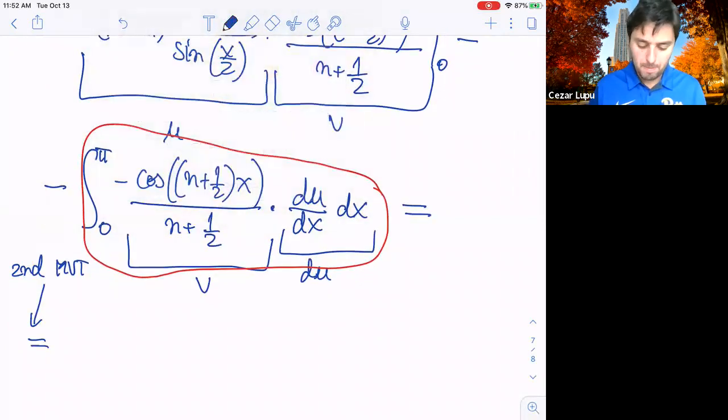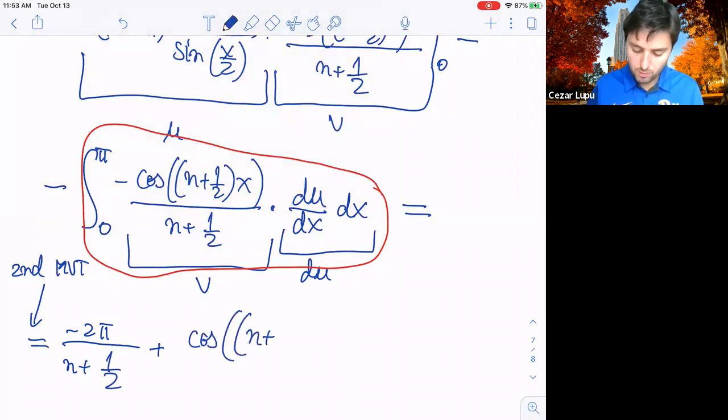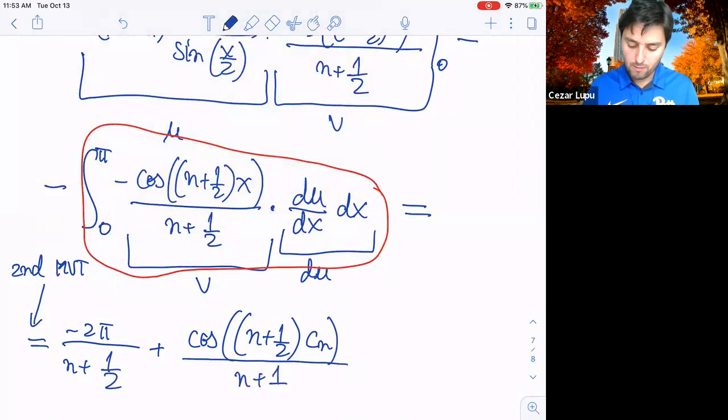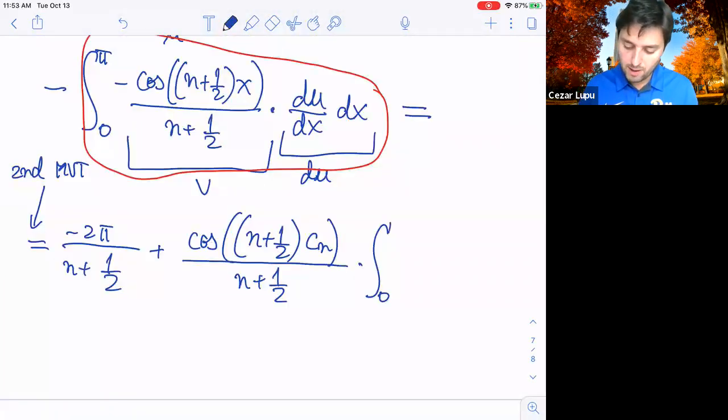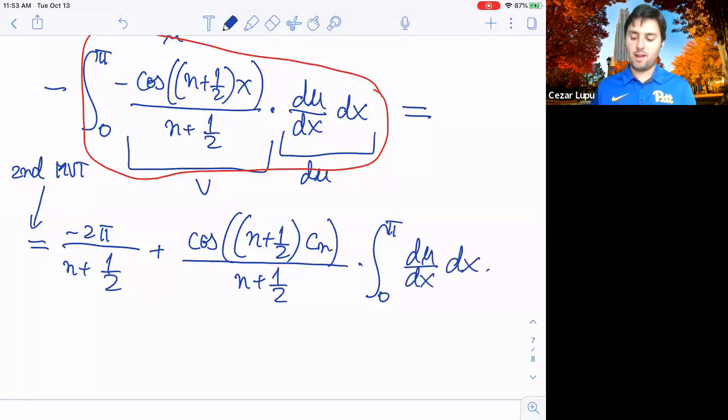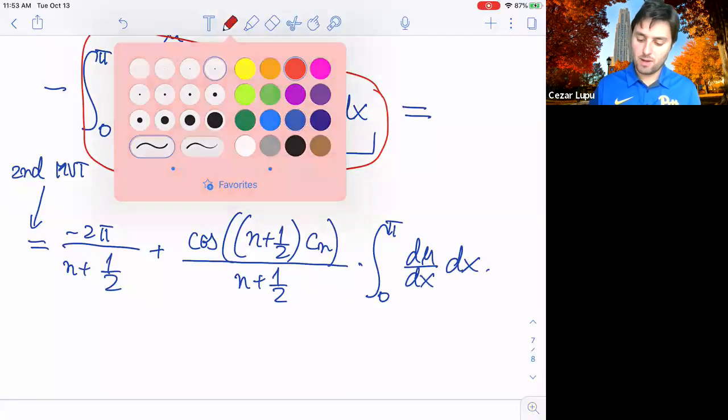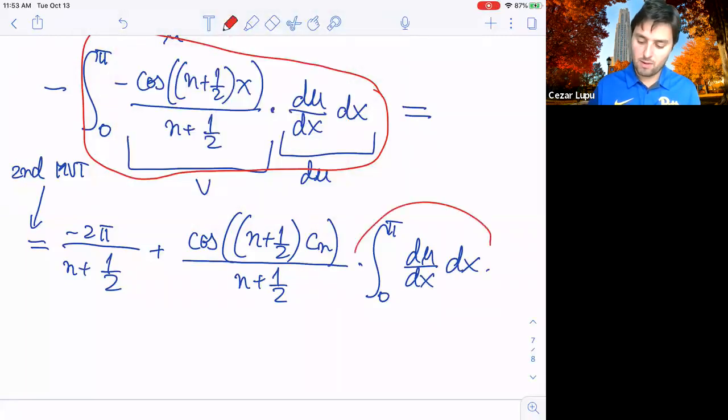So this will be negative 2 pi over (n plus 1/2) plus cosine of (n plus 1/2) times a number Cn, which depends on n, everything over (n plus 1/2), times the integral from 0 to pi of du dx dx. And for this, as you can imagine, I can apply the fundamental theorem of calculus.